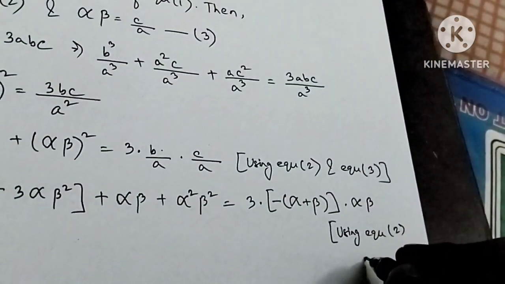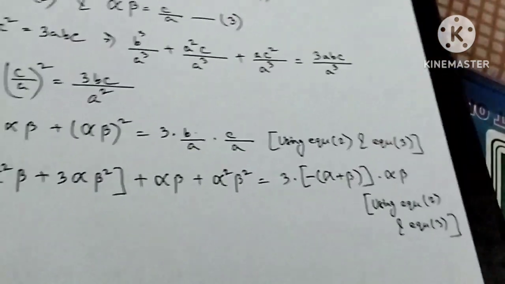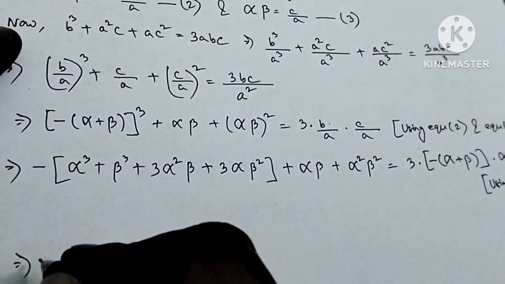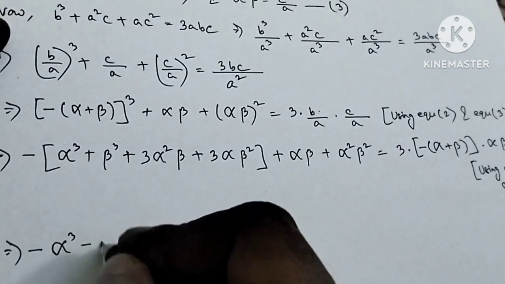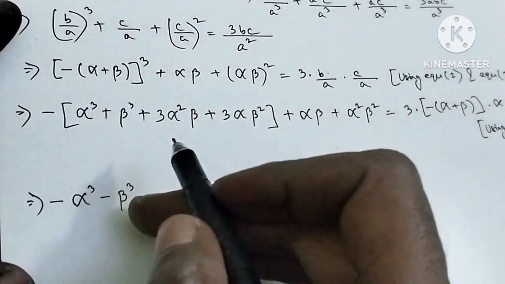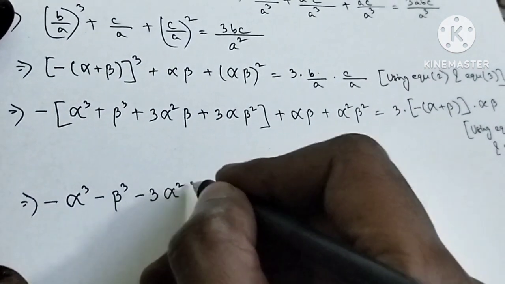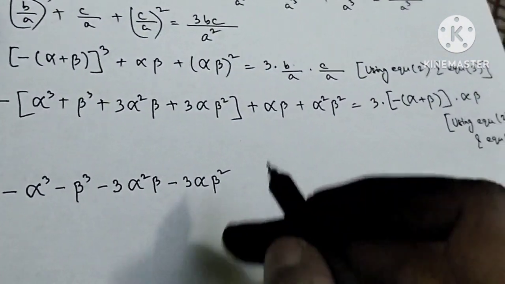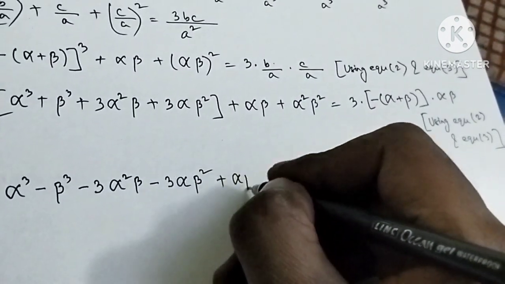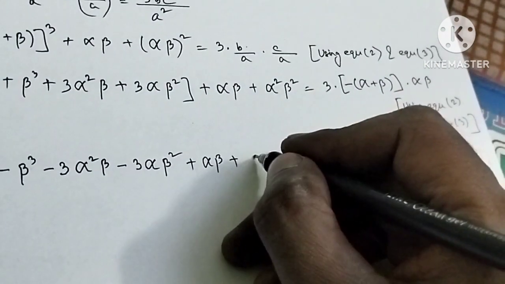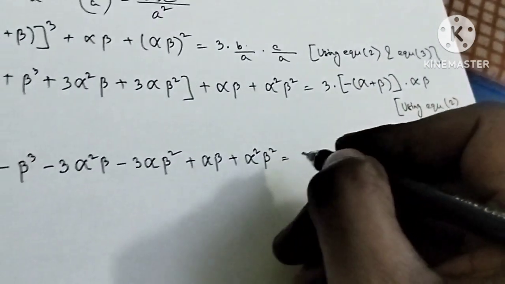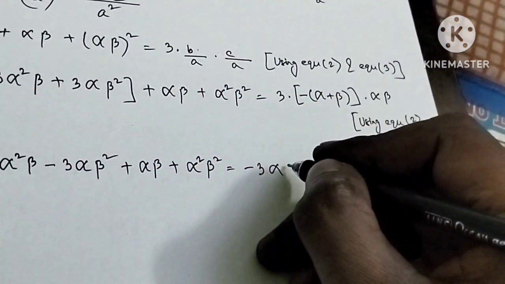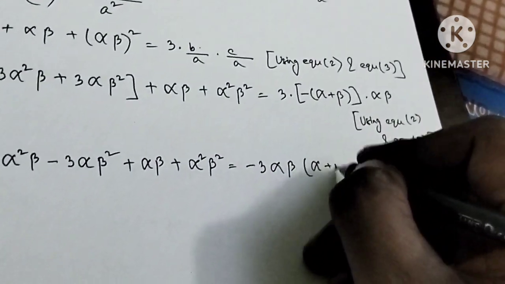So it will be minus alpha cube minus beta cube minus 3 alpha square beta minus 3 alpha beta square, plus alpha beta plus alpha square beta square is equal to minus 3 alpha beta into alpha plus beta.